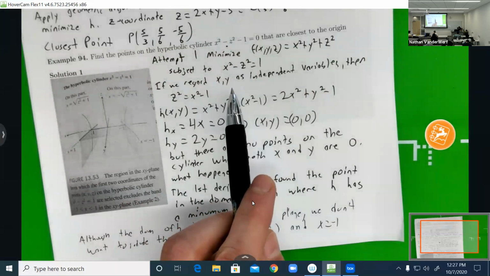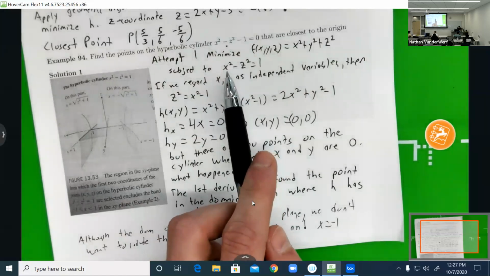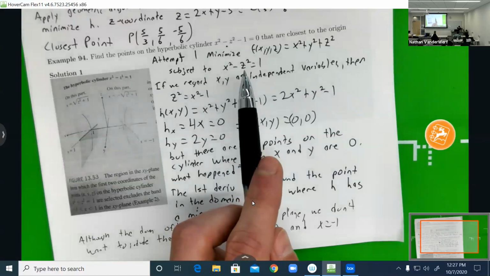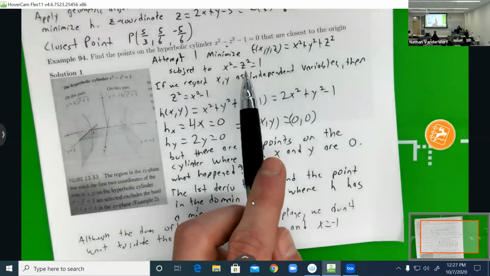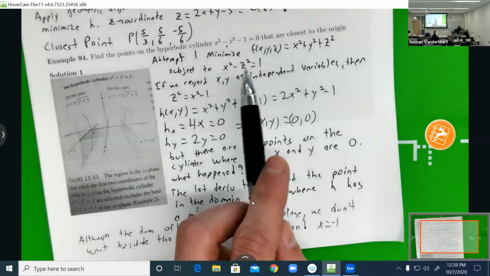And I think that was the original problem here, because in x squared minus z squared equals 1, x technically has some restrictions that aren't going to show up in h. However, z on the other hand really doesn't have any restrictions. We could plug any value in for z and find a corresponding value for x to make this quantity 1.